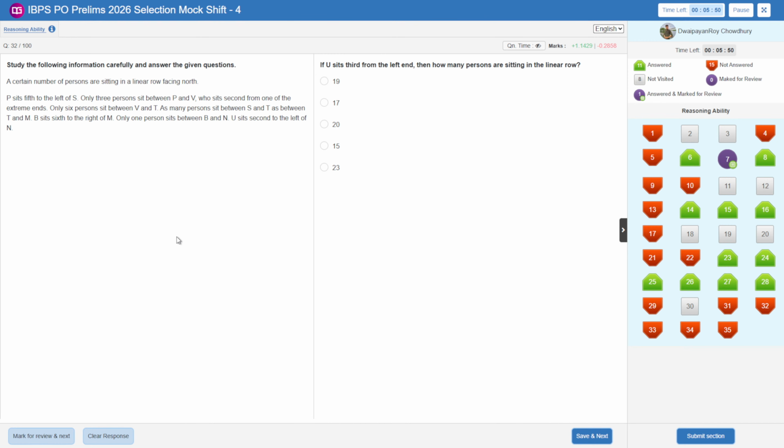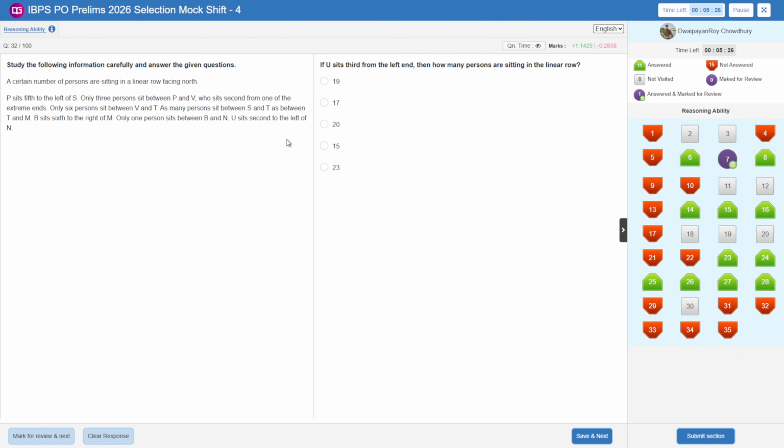And how many percent are sitting in the row? So 3, 6, 9, 12, 15, 18. Not in option. Who sits third from the left, and how many percent are sitting in the row? 1, 2, 3, 6, 9, 12, 15, 18.